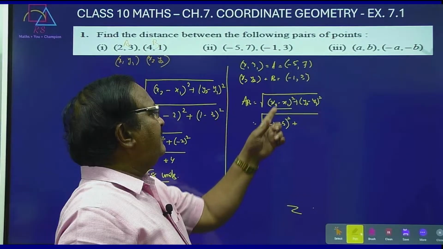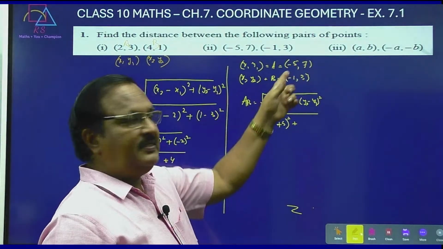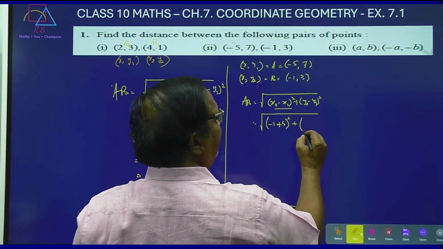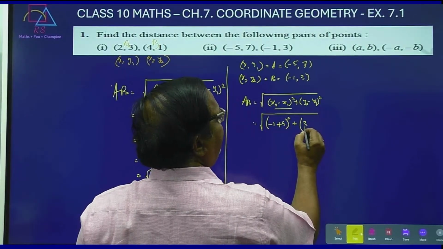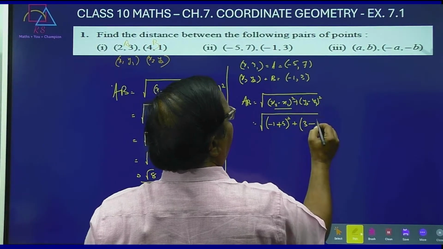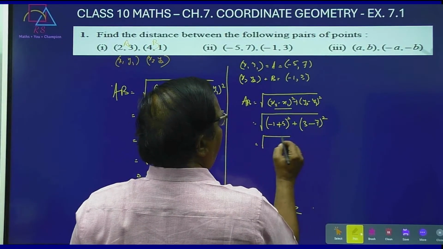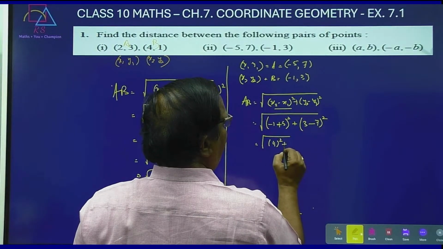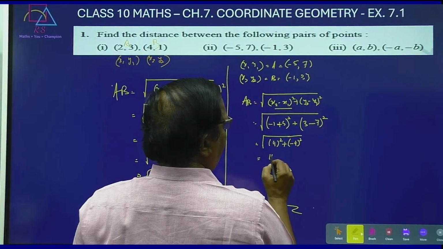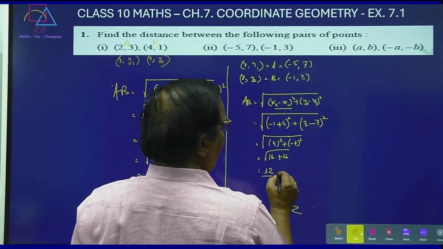I have written x2 as minus 1, but x1 is also minus, so minus of minus will become plus. And y2 is 3 and minus y1 is 7. So, both are positive. So then how much? This is plus 4 whole square and this is minus 4 whole square. So, 16 plus 16 under root, which is equal to root 32 units.